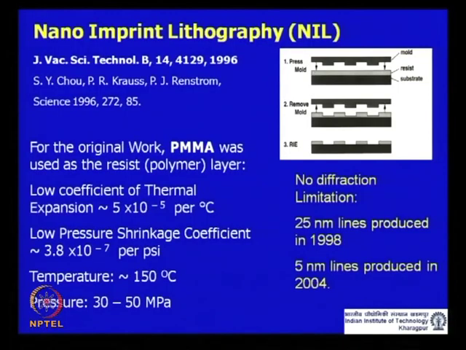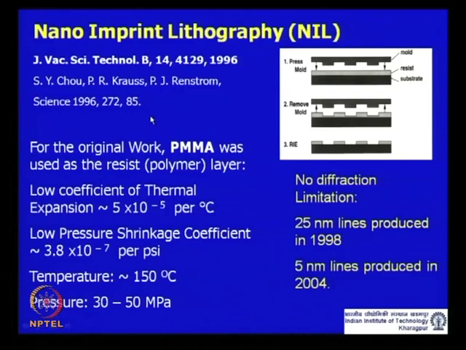So, this is again a quick look at the classical nano imprint lithography, which was originally published in this form in 1996, exactly 15 years before. Polymethyl methacrylate was the polymer that was used for that particular experiment.